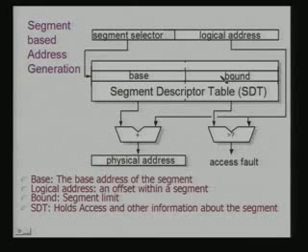So this bound information can also be kept in the segment descriptor table. What is checked is that once we do this sum, that is offset with the base, it should not exceed the bound of the segment. If it exceeds the bound of the segment, then there will be an access fault.